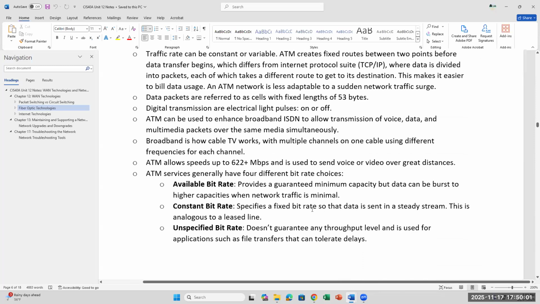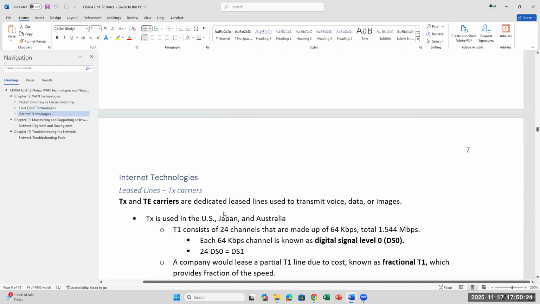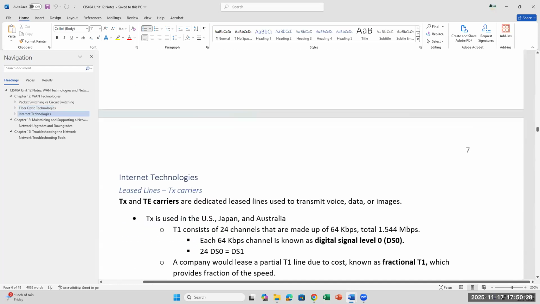And so you just kind of need to know the difference. Your ABR, your CBR, and your UBR. So it talks about available bit rate, constant bit rate, which is a fixed bit rate, or unspecified bit rate, which is unknown. So that's a type of service. I only mentioned 3 here, but those are the main services that you see.